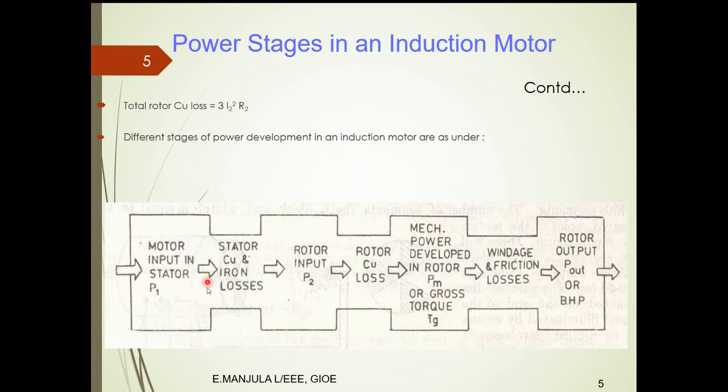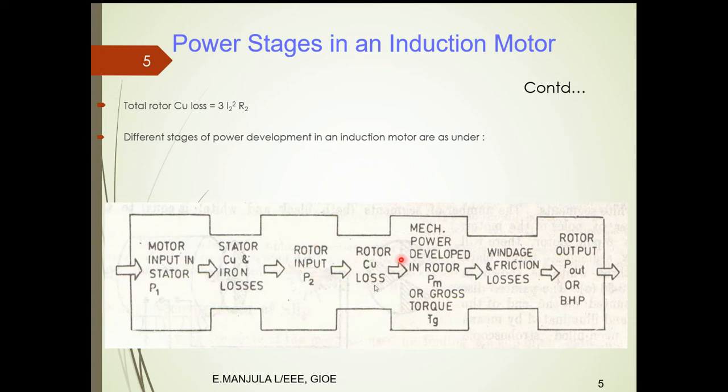In the motor, first, the motor input at the stator, that is P1, is the input we are giving at the stator, and stator copper and iron losses will be there. After removing the stator copper and iron losses from P1, the stator input, you get the rotor input.